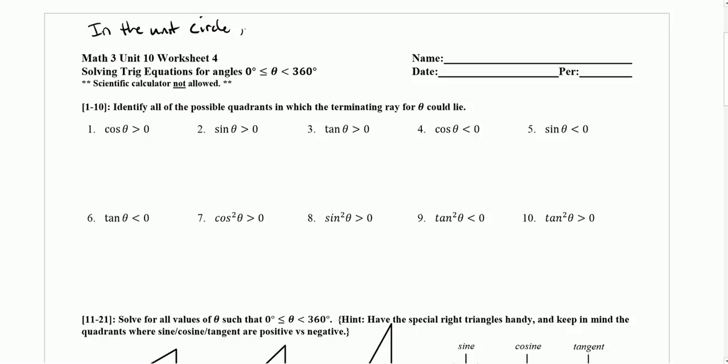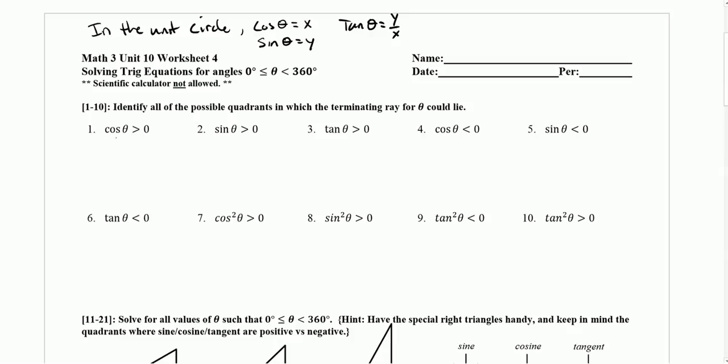The cosine of theta is your x-coordinate, the sine of theta is your y-coordinate, and the tangent of theta is your y over x coordinate, or we could say sine over cosine. And so that's going to help us out with 1 through 10.